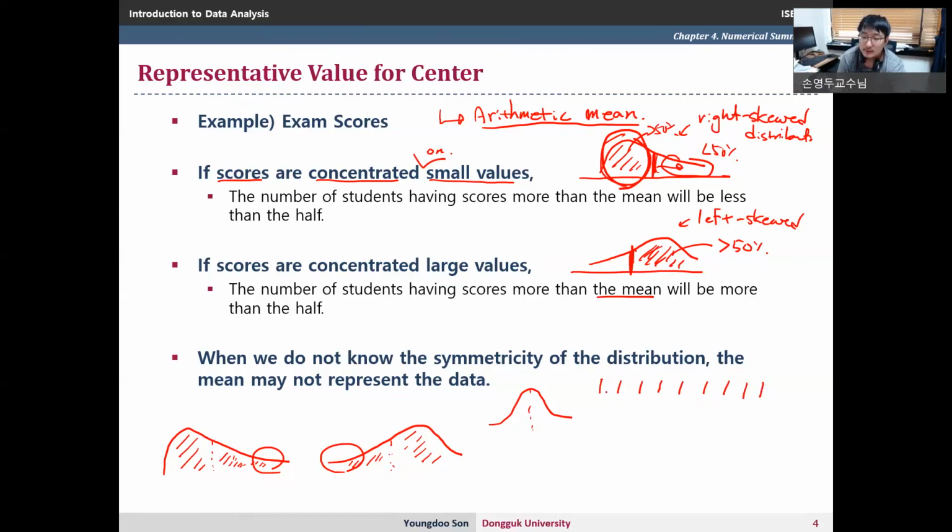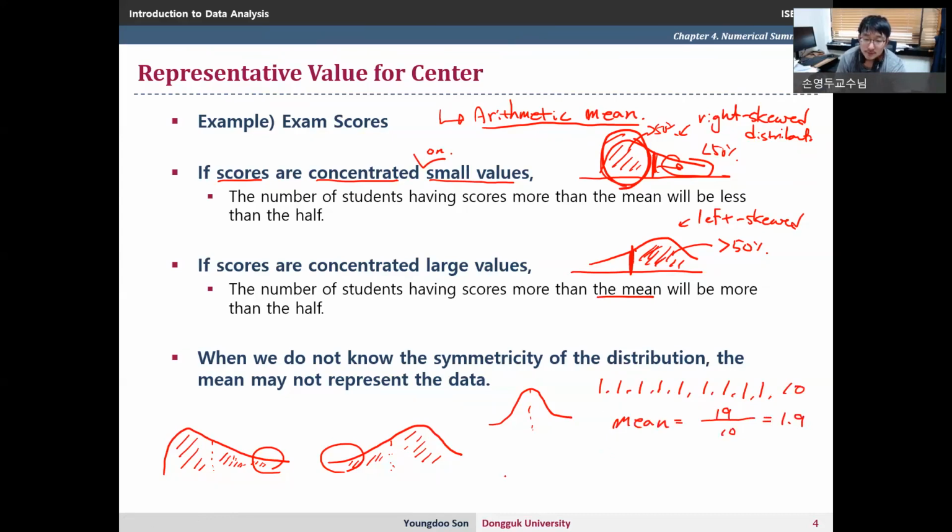And we will add a comma here. And there is one more data point which has the value of, for example, 10. Okay. So in this case, the mean of this data distribution is 19 over 10, which is 1.9.